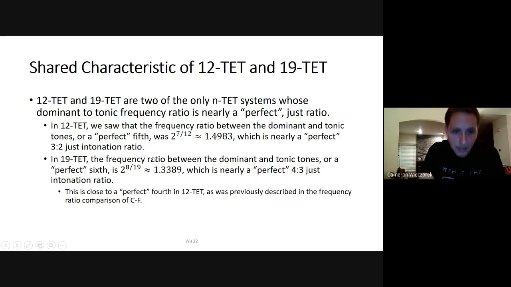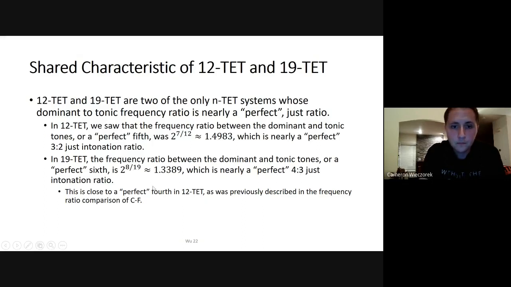In the 19-tone system, the frequency ratio between the dominant and the tonic, since there was an 8 semitone difference, was a perfect sixth. It was 2 to the 8/19, which was about 1.3389, which is nearly a perfect 4 to 3 just intonation ratio. That would be about 1.333 repeating.